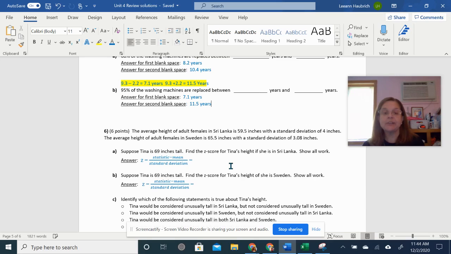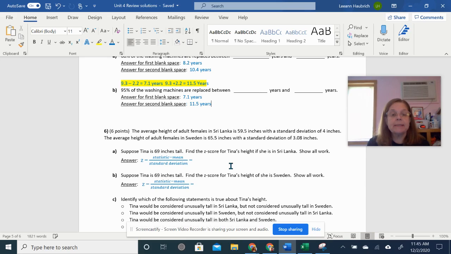So I could see just from those sentences that the females in Sri Lanka seem to be, on average, shorter than the females in Sweden. I'll have to pay attention at the next Olympics. I did take this information from international statistics. I forgot. I should have labeled the name of the place where I got the information from.